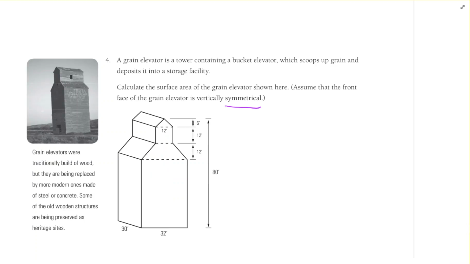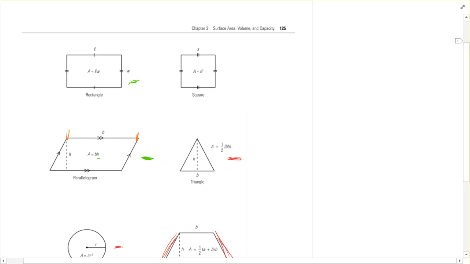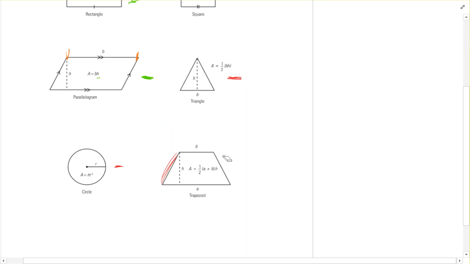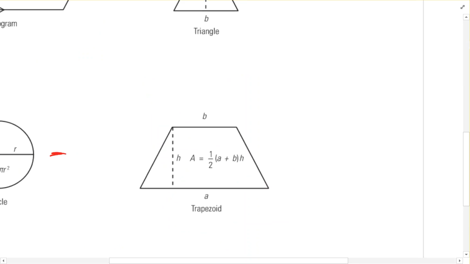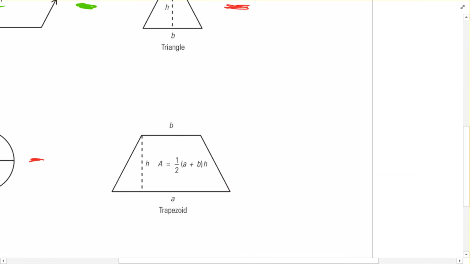Okay, so again, you just need to make sure that you get all of those different surfaces. One thing we didn't talk much about was trapezoids, so figuring out the surface area of that one. Remember the trapezoid, if you go all the way back to your formula sheet, was this one. If you need a little help putting that into your formula, just call your teacher over.